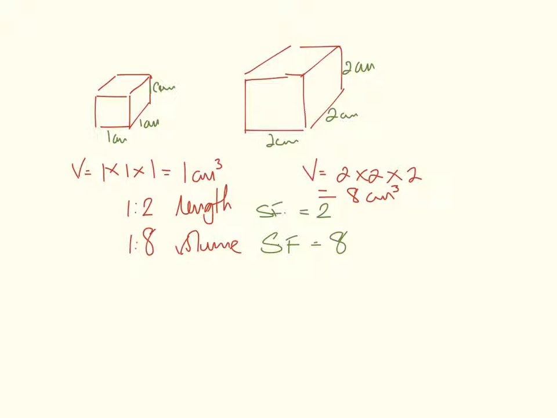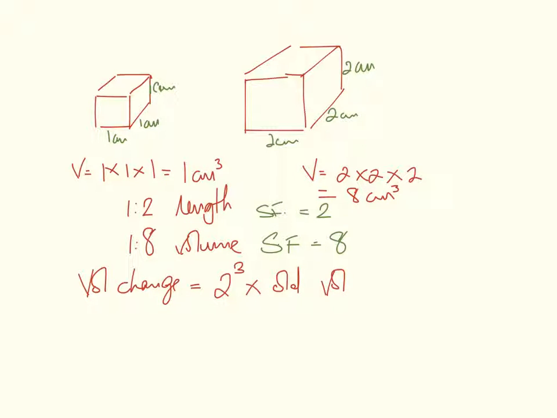Well, how do they all link with each other? Think about it this way. For the volume, this is your volume change, I'll call it. You take the scale factor, which was 2 to begin with for the length, and you cube it, and then you multiply it by the old volume.